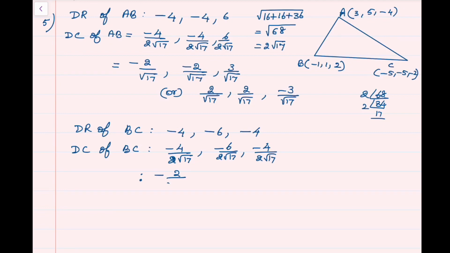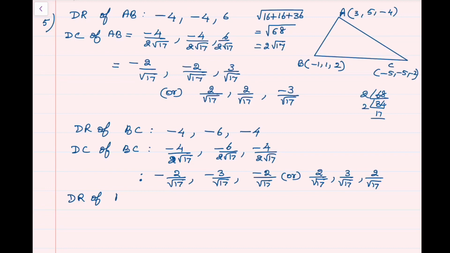Minus 2 divided by root 17, minus 3 divided by root 17, and minus 2 divided by root 17, and we can write another set of answer. Just change the sign and write plus 2 divided by root 17, 3 divided by root 17 and 2 divided by root 17.